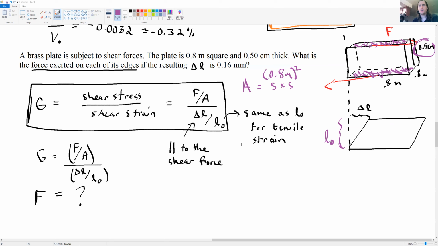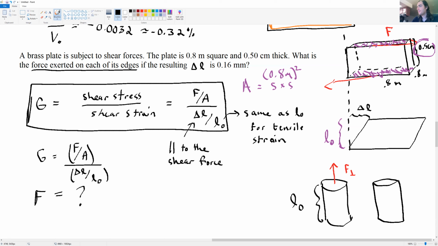That's something you kind of have to memorize. When you're dealing with tensile stress and strain, when you have a force like this that's perpendicular, then this right here is L0. It's kind of the same for shear.